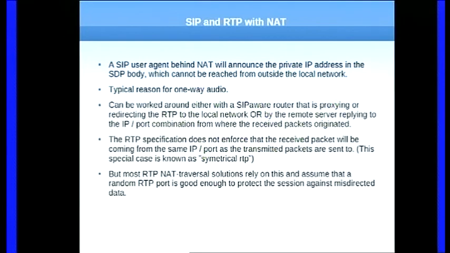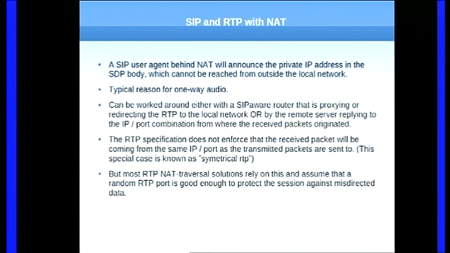And if the device is behind network address translation, it doesn't know the external IP address, so it puts some internal IP address into this message. And then you have the typical case of one-way audio. What you send out to the SIP carrier usually gets through, because they have an official IP address, but on the way back, you don't get any audio.